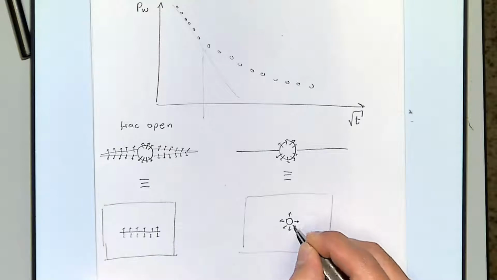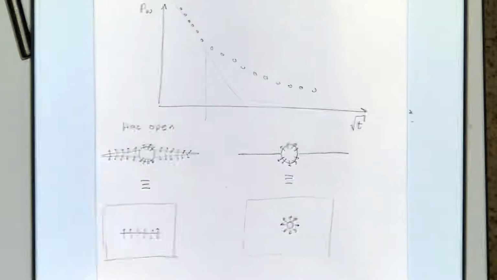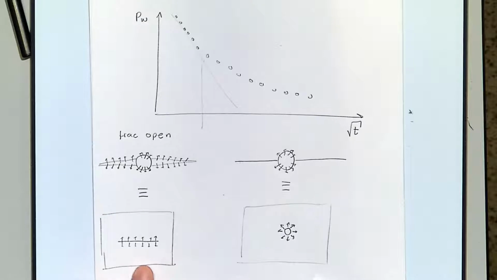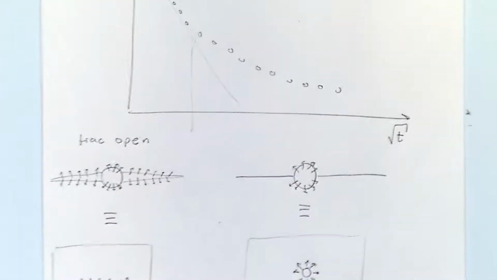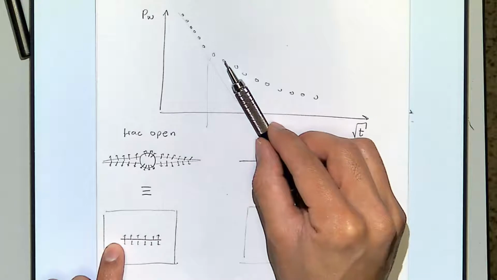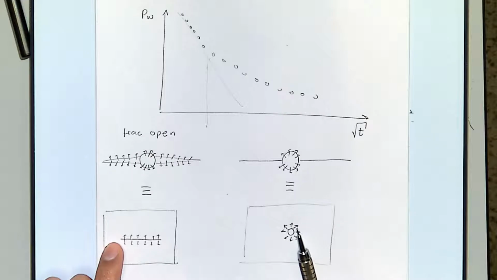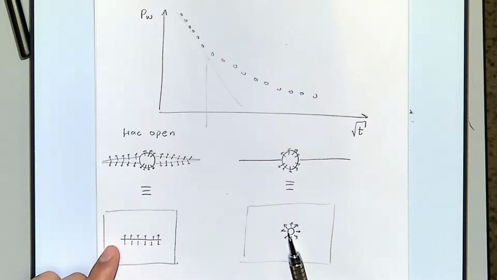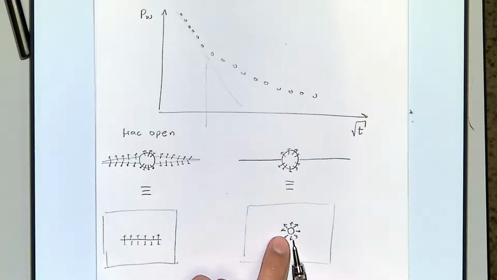And those two cases are quite different, and you may expect that if you have a long line from which your fluid is being injected from a constant volume, the pressure is going to decrease very quickly because you have more surface area. When you get to this point, the fracture is closed, now you just have the small, tiny wellbore from which pressure is decreasing, with radial fluid flow.